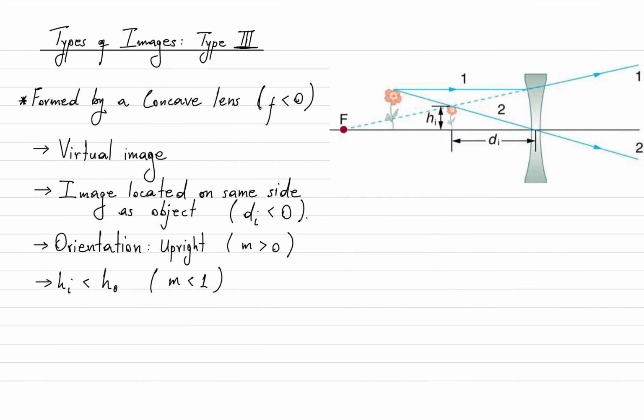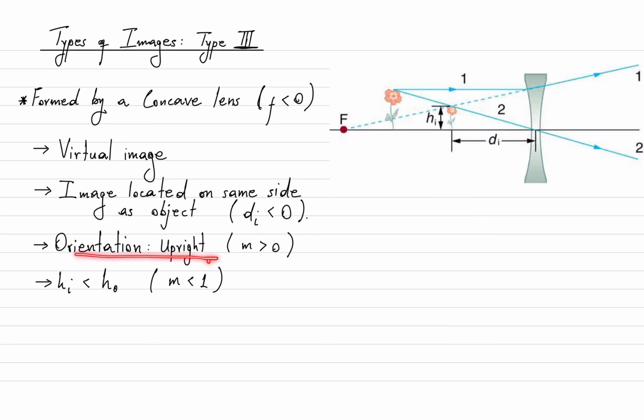So, the third type of image is formed by a concave lens, which means our focal length is negative. The image formed by a concave lens will be a virtual image, and also the image is located on the same side of the lens as the object, as we've initially stated, and that means d_i is negative.